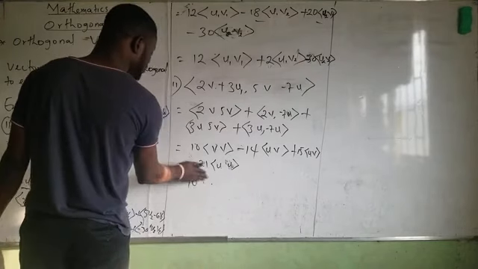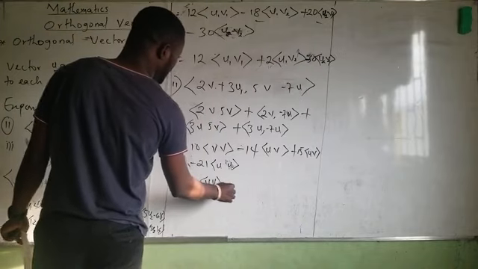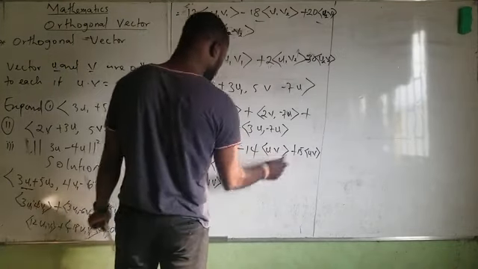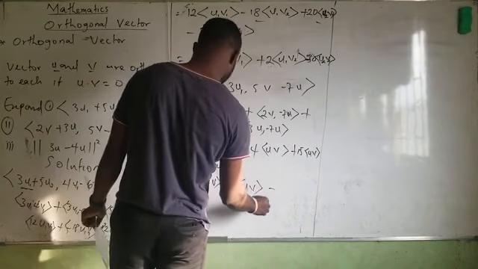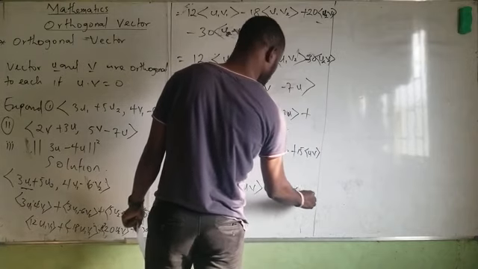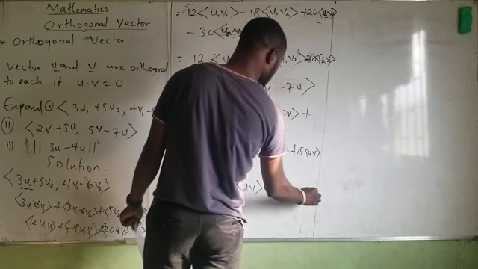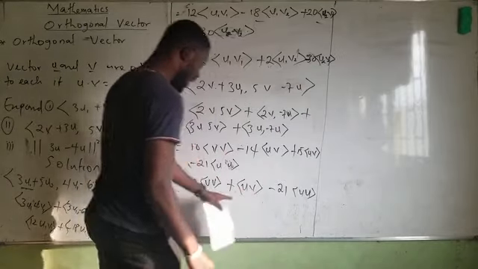Now, before I even translate it in the form of norms, let me try to simplify further. Minus this and this will be plus uv, and minus this will be 21 u. Now, I have vv, and I have uu.